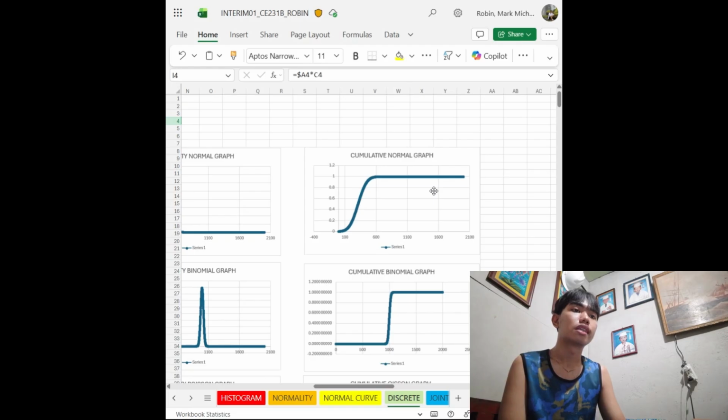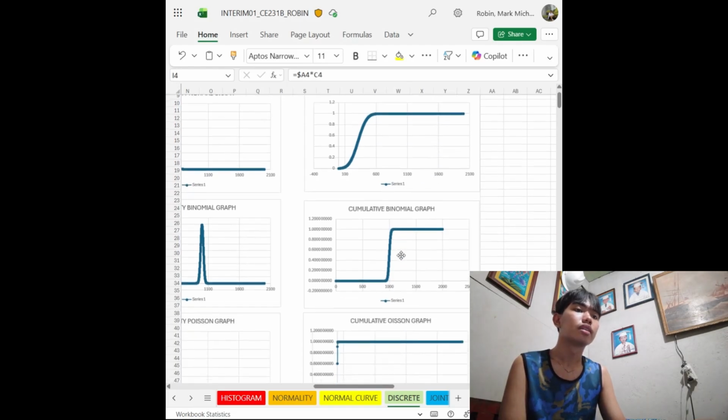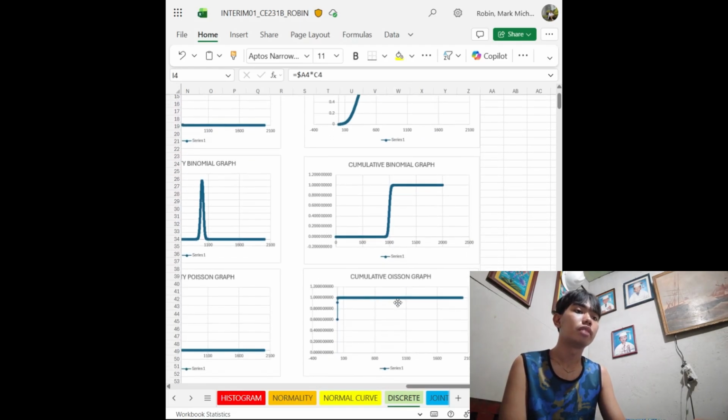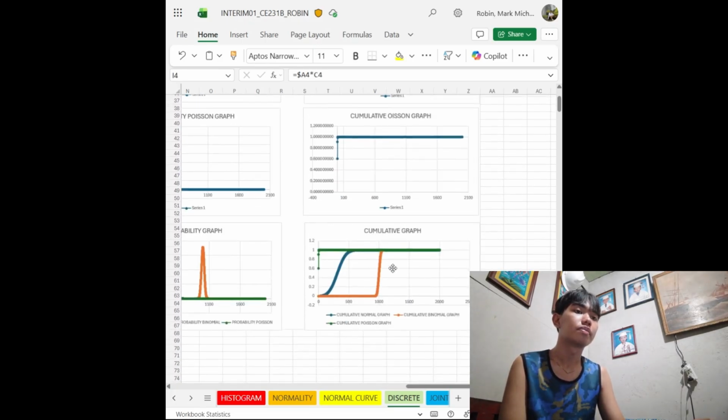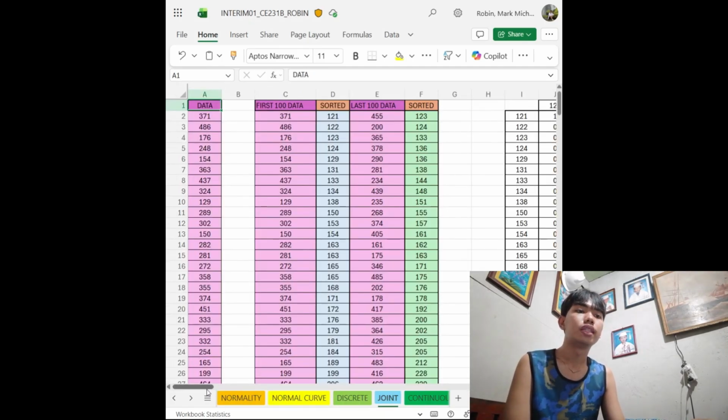Next is the cumulative normal graph, cumulative binomial graph, cumulative Poisson graph, and then the cumulative distribution graph. So we can move to the next.